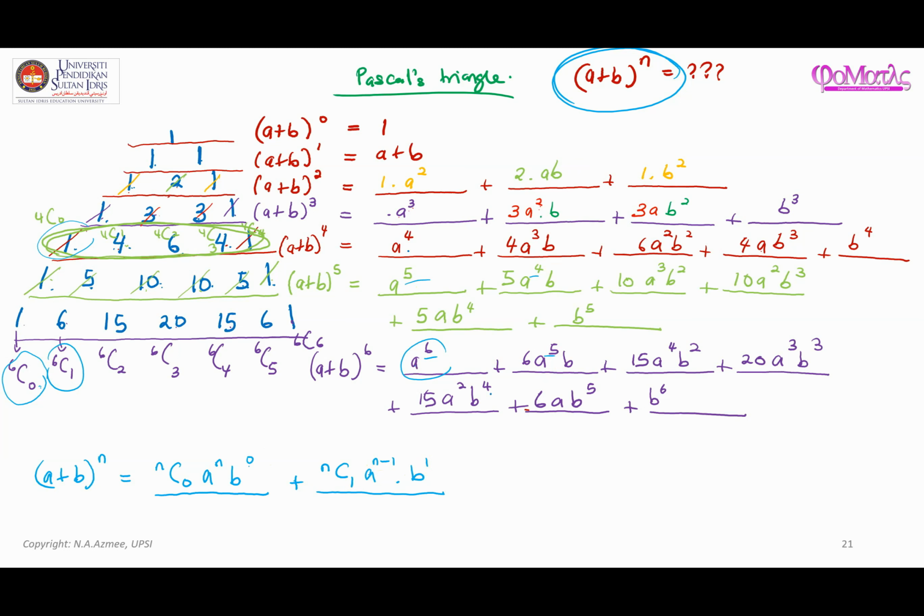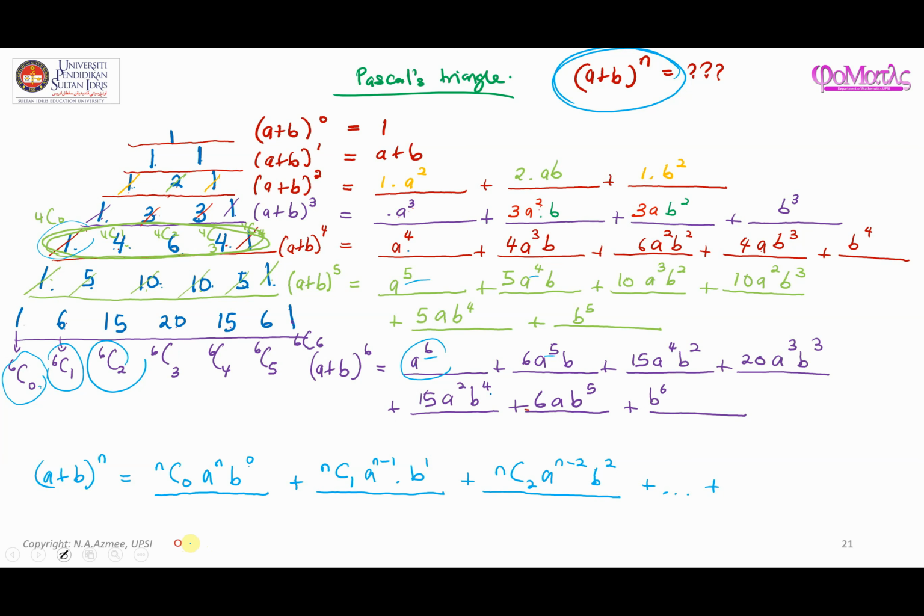Okay, so this is what's going on. If you go on, that means you choose NC2, the third term. So here we will have a to the n minus 2, b squared. So that's the idea. And you can keep on doing this until you reach the last few terms.